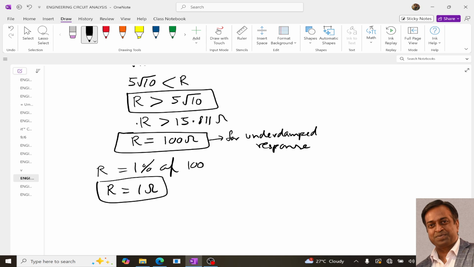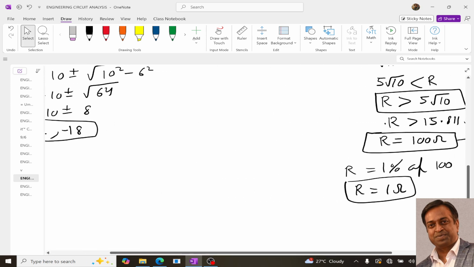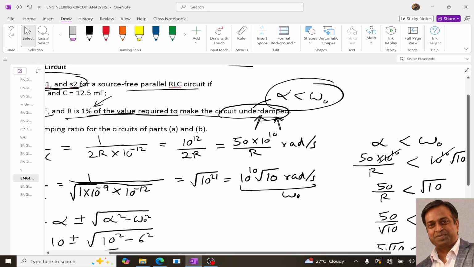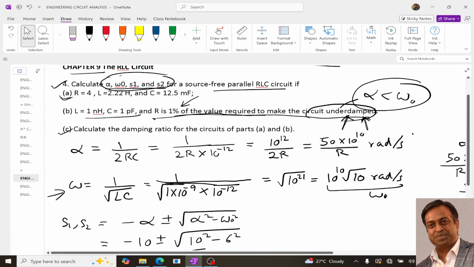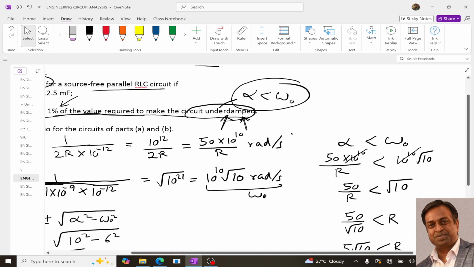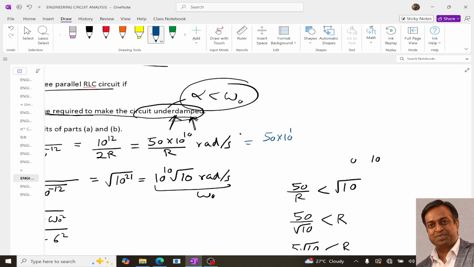So we will select this value of R, right? Now using this value of R and substituting it over here, what are we going to get? We will get our alpha as 50 into 10 power 10 upon 1.